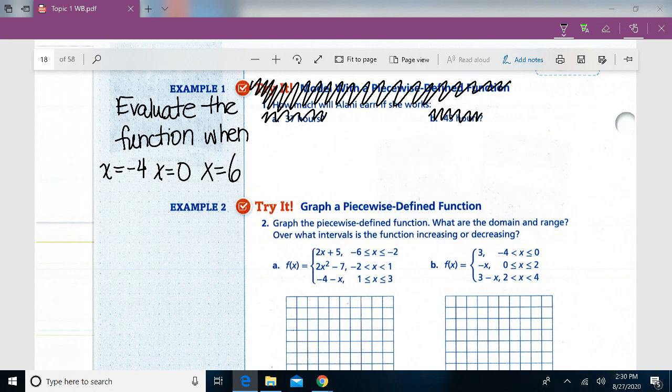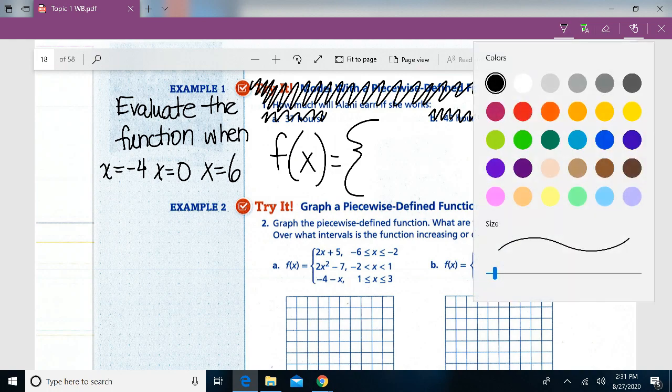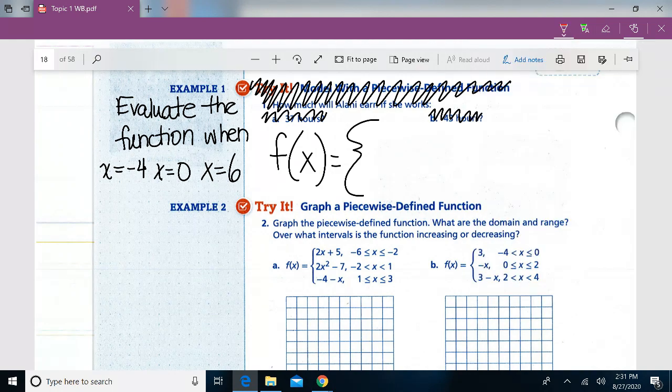Okay, now what function? Well, we need a function. So we're going to write down the function, and here's the function. F of x equals, this function has 3 parts. It's the same one that I wrote down on the other page, but I'm going to color code it a little bit differently. So f of x equals, now our first line is going to be 7 if -5 is less than or equal to x is less than or equal to -2.